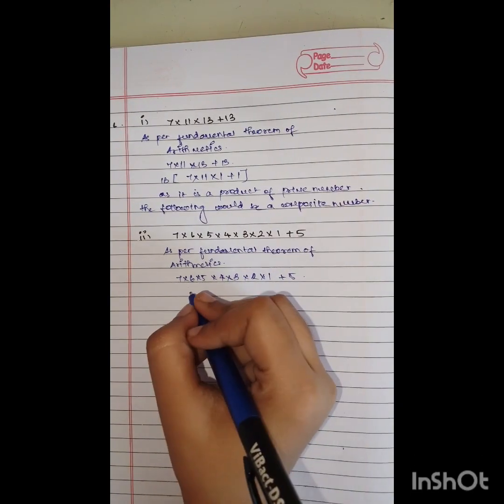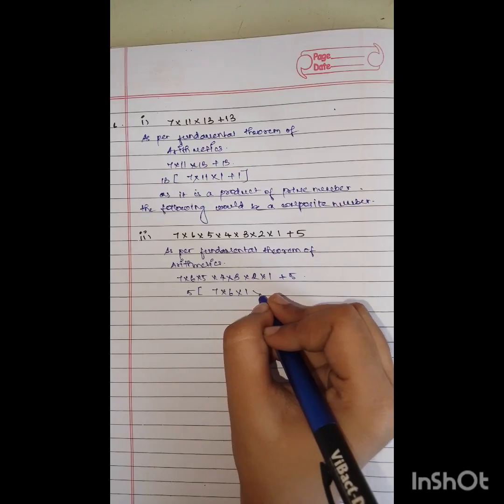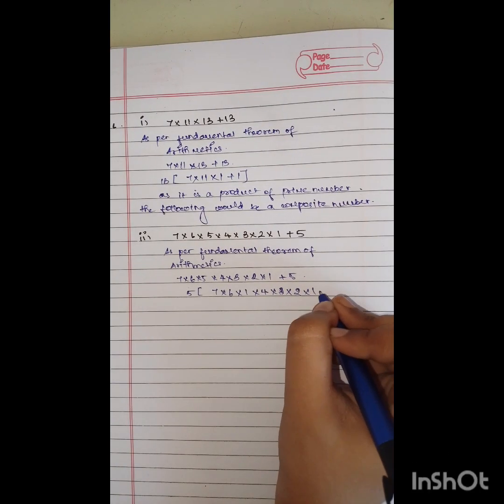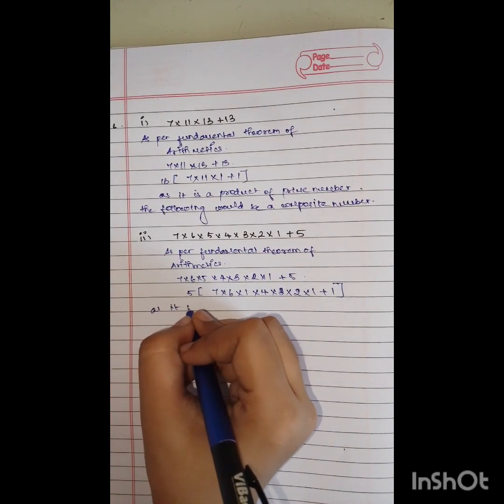We would take 5 as common, and the rest of the numbers would be expressed in the form of prime numbers. Thereby, it would also be a composite number. This would be the explanation to this particular question.